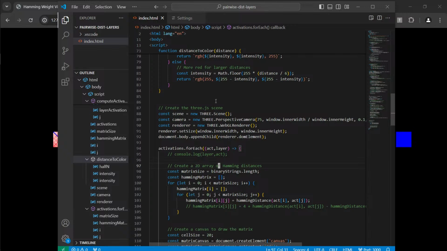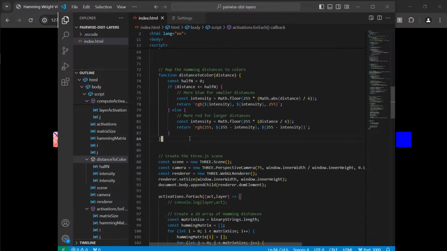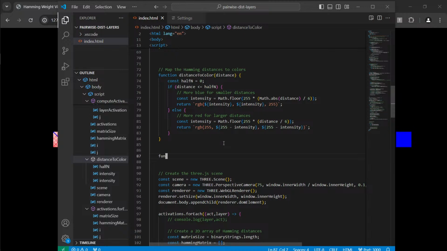Then we'll have a function. That'll be really cool. Raw row.